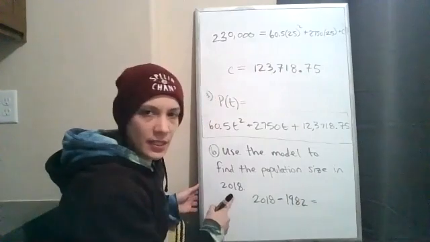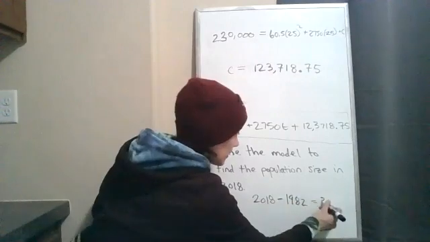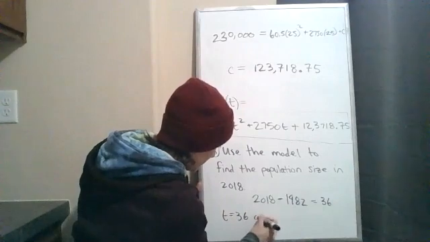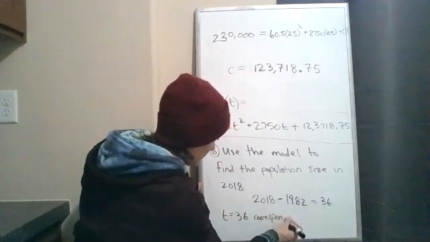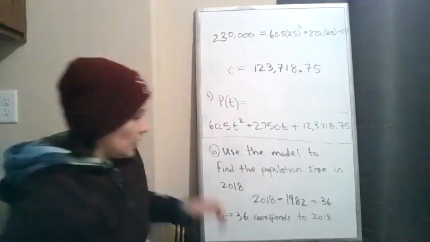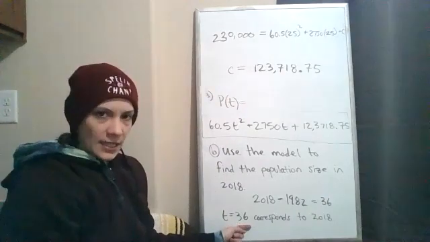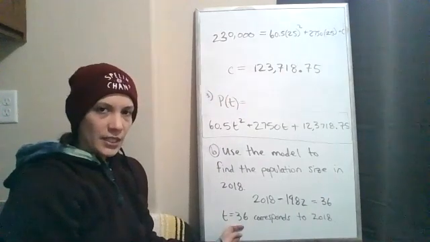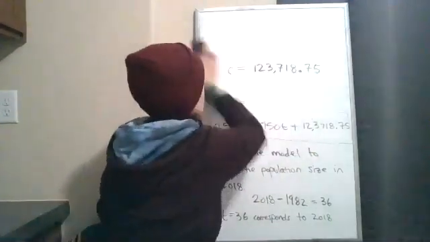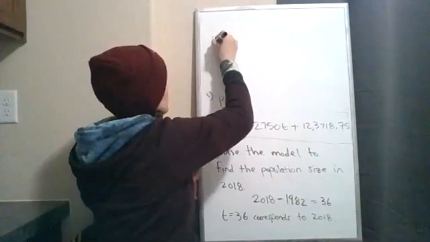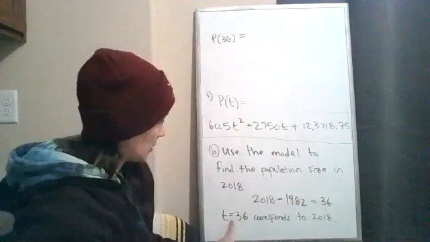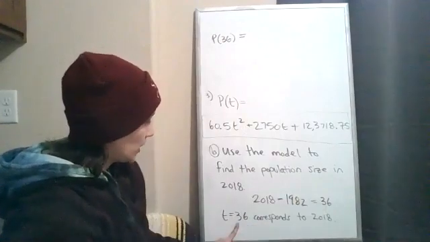And that's the value of t that corresponds to 2018. Okay, and then to get the population size at that time, put this number 36 into your function. So 36 is the time we're interested in. Put that in right there.